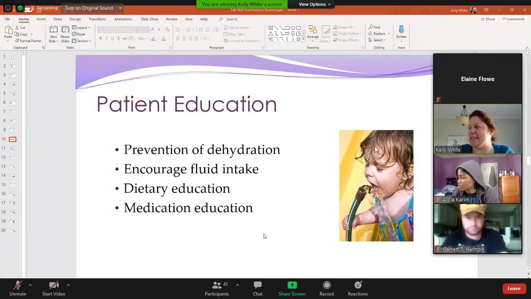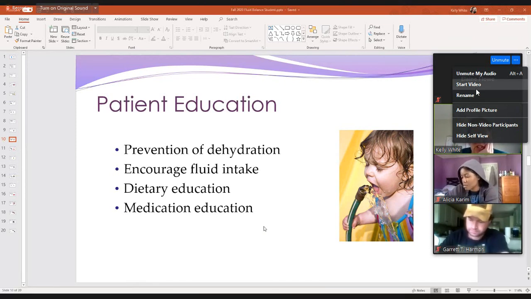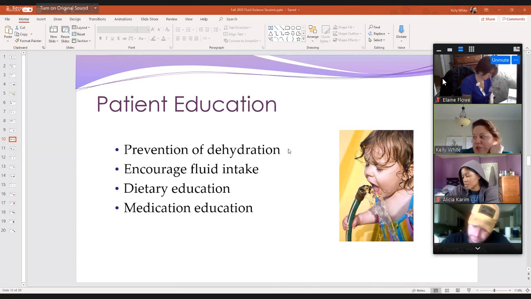All their medicines. So we're just going to do a little bit of education for our patients. The first being to prevent that dehydration. So teaching them to eat a healthy diet, eat foods that are high in water content.